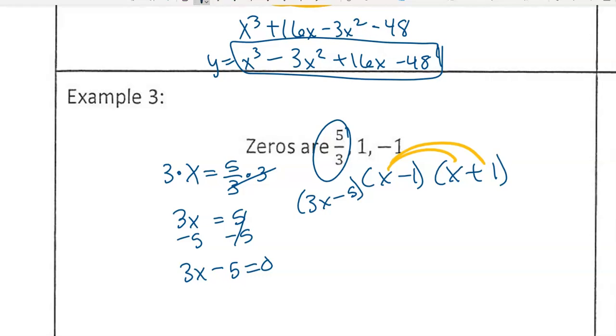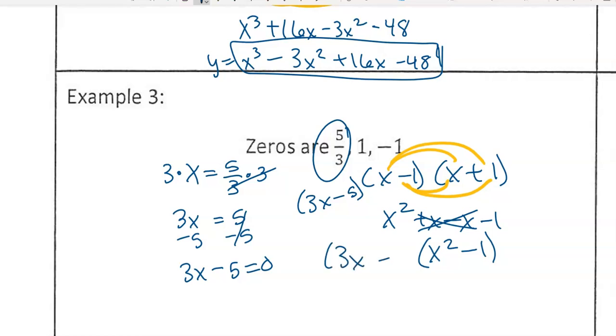X times x is x squared. X times 1 is x. X times negative 1 is negative x. And negative 1 times 1 is negative 1. Now these two in the middle cancel out, and we are left with x squared minus 1.